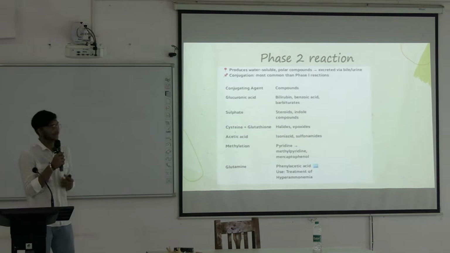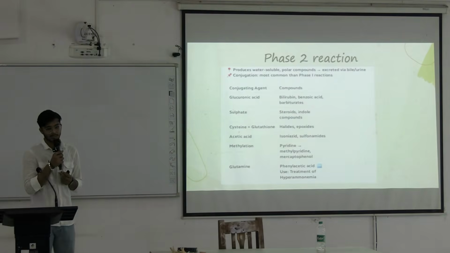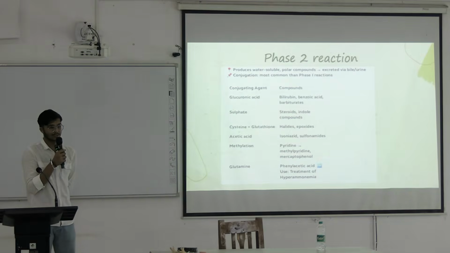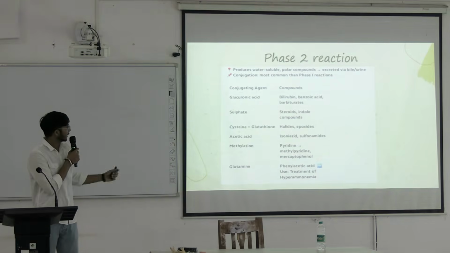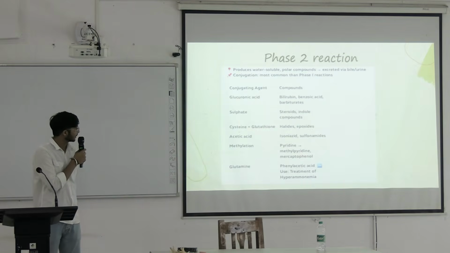Next is phase 2 reaction, which is also known as conjugation reaction, in which toxic and foreign compounds combine with compounds produced in our body to make them soluble, less toxic, and polar. There are some conjugating agents like glucuronic acid, which conjugates compounds like bilirubin and benzoic acid with the co-substrate UDP-glucuronic acid.